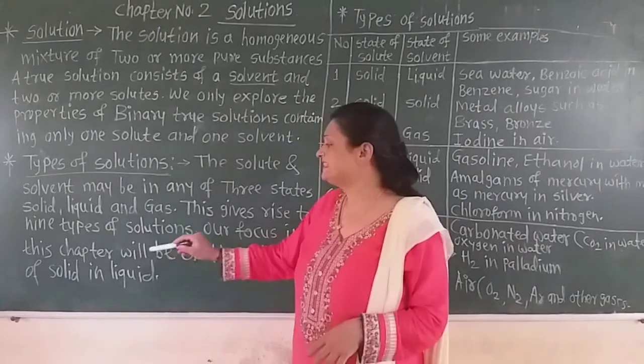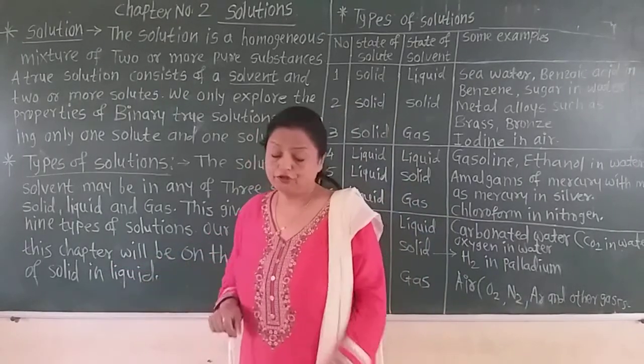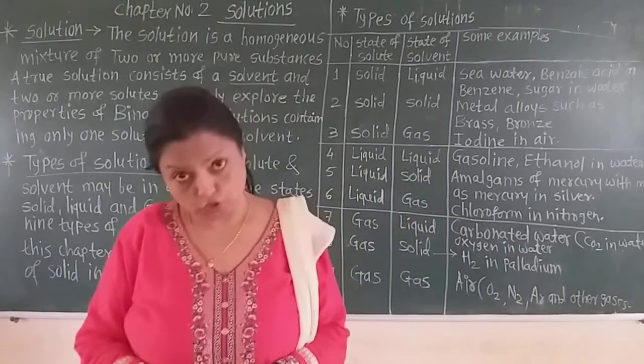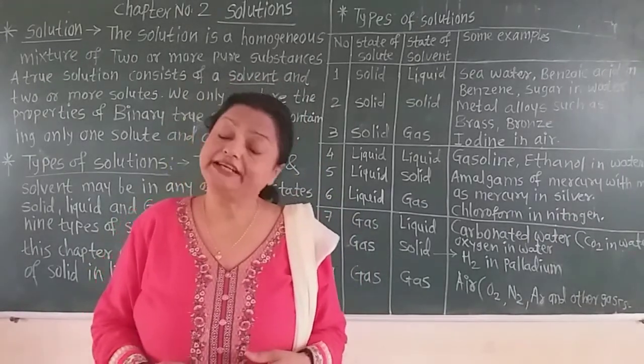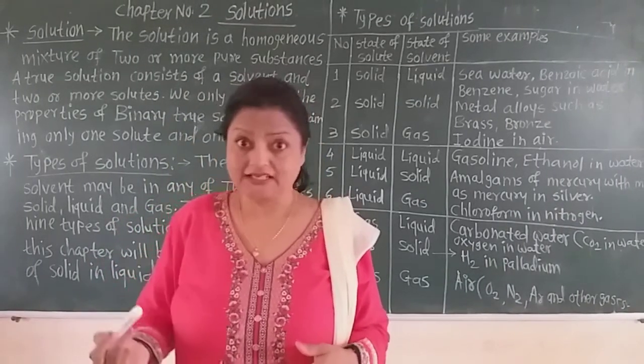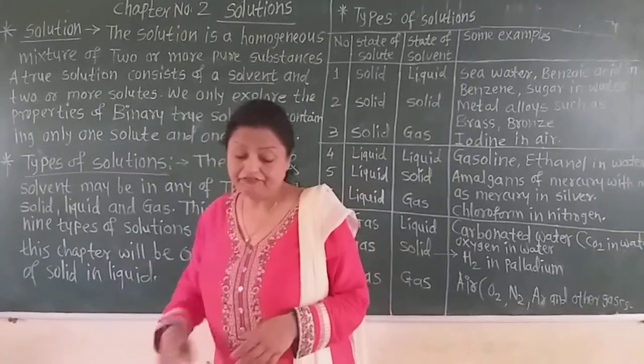Our focus in this chapter will be only on the solution of solid in liquid. Though there are 9 types of solution, in this chapter we have to study in detail the solution of solid in liquid.